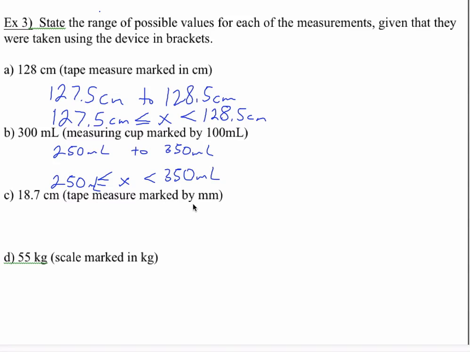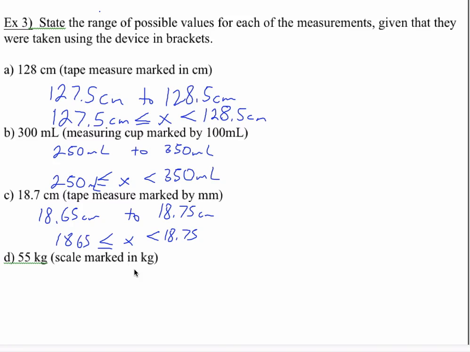So, a tape measure marked by millimeters, and you've got 18.7 centimeters. So it could be anywhere from 18.65 centimeters to 18.75 centimeters. And again, not including this value, so 18.75 and 18.65.